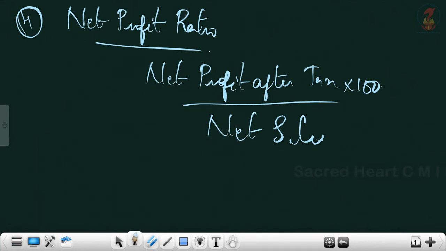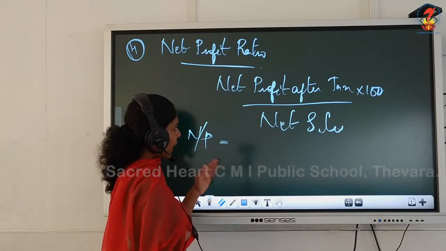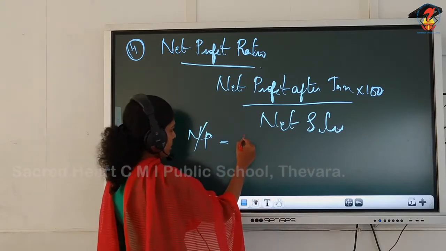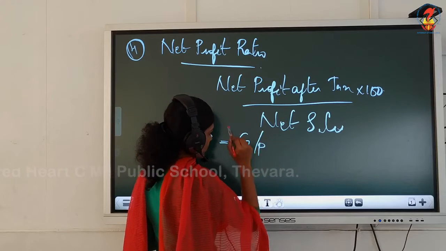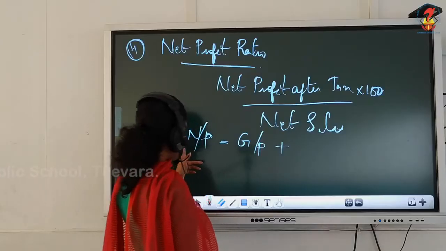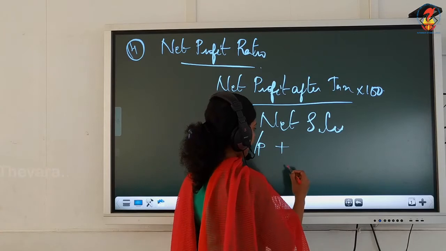Now, how to get net profit? We already discussed the balance sheet, P&L format, where we have to add all incomes less all expenses. What we get is net profit. So with gross profit, just think of the format of P&L, the credit side, you have to add all incomes. When you want to compute operating profit, what you have to add back is only operating incomes.